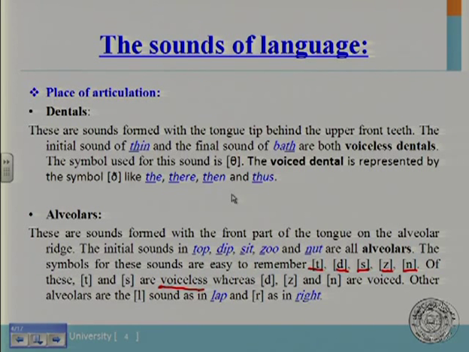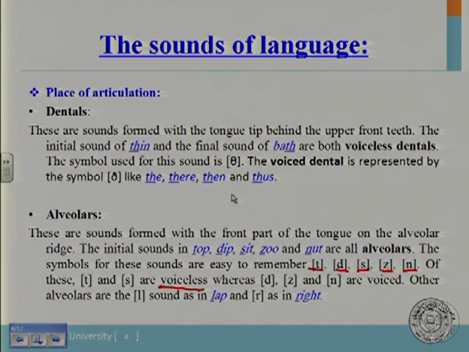Now, d and z make vibration. For example, d is called a plosive sound. Why? Because when you pronounce the sound d, you feel that there is a blast in your mouth. D, d. That's why it is called a plosive sound, and it is a voiced sound.